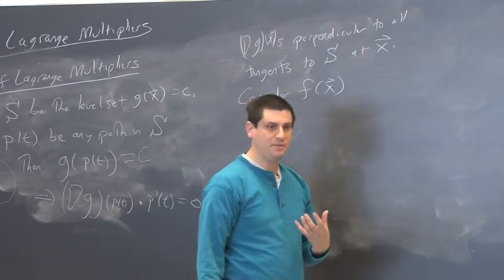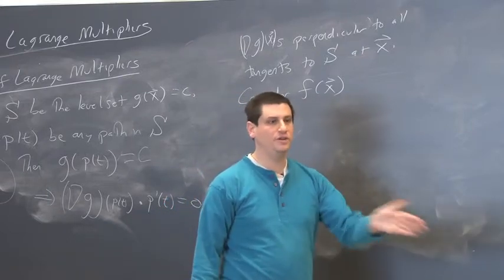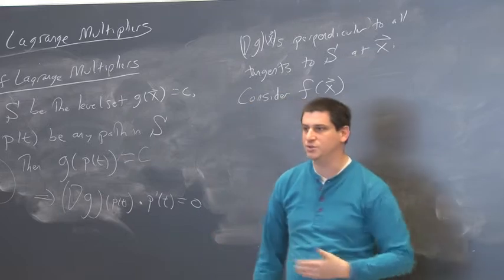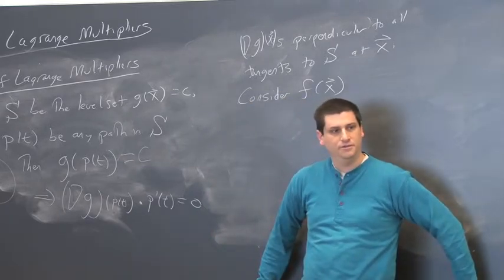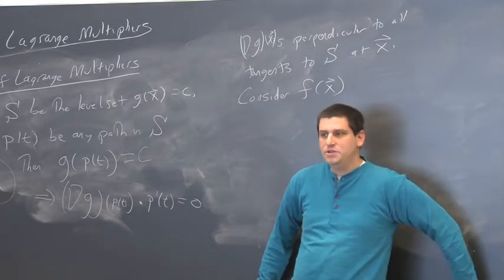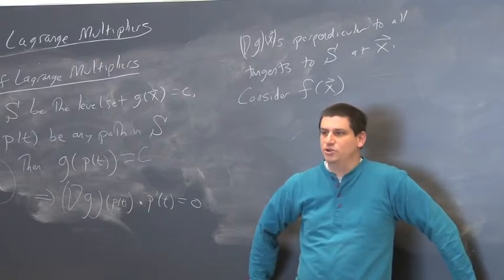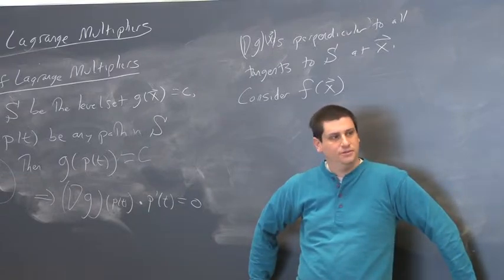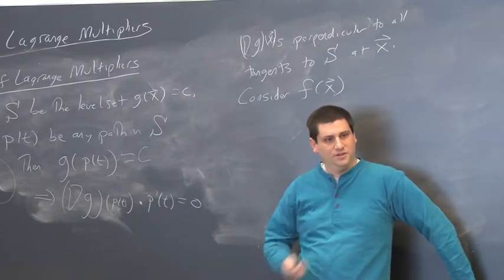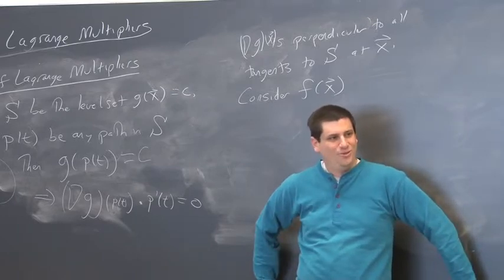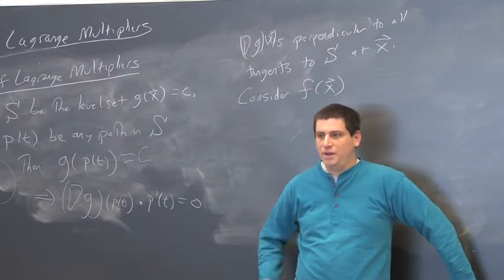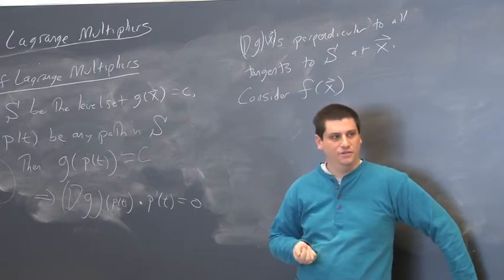If we're at a maximum or minimum, what must be true about all of these directional derivatives so long as we stay in S? Want to try it? Could the directional derivative be positive? What would happen if the directional derivative were positive?